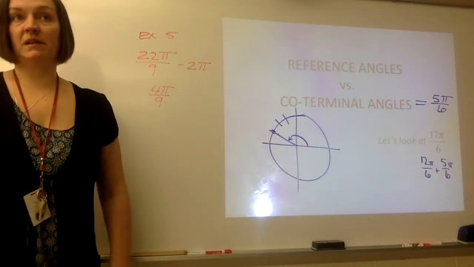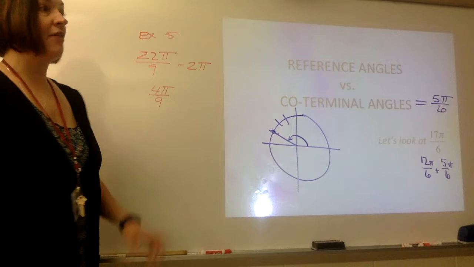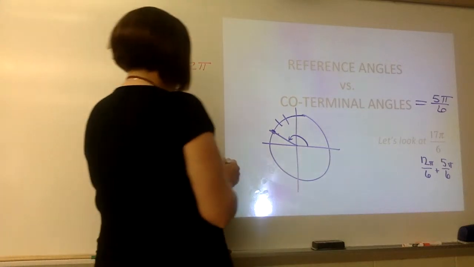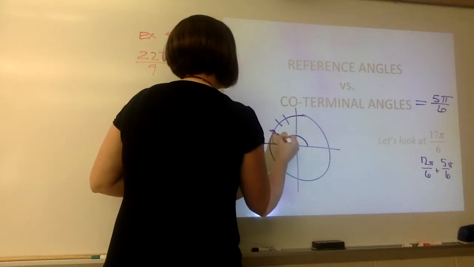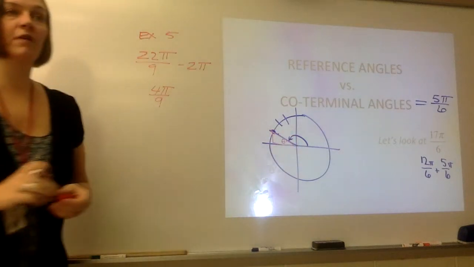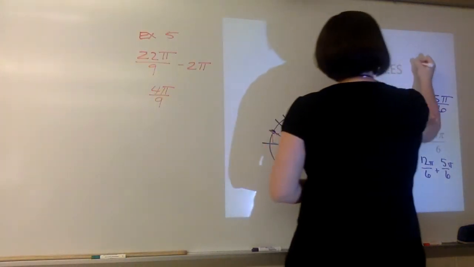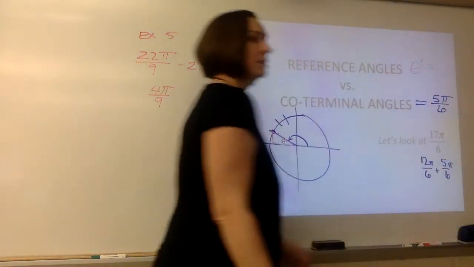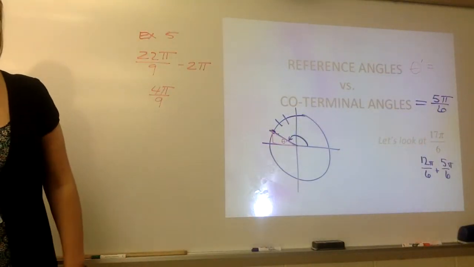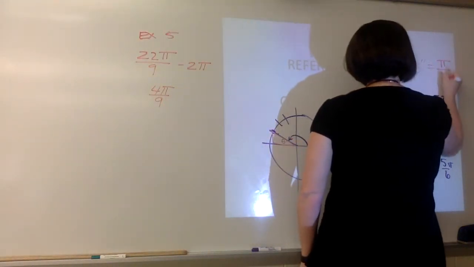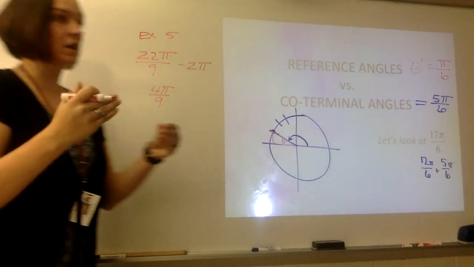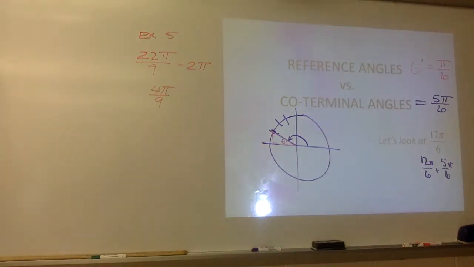But now the reference angle is going to be the size of this theta prime in radians. What's the size of that angle in radians? Pi over 6. Do you see the difference in the question that I'm asking you to find those two things?